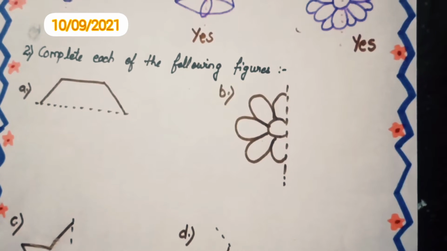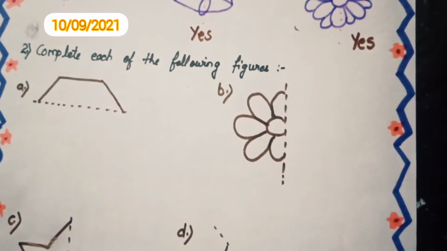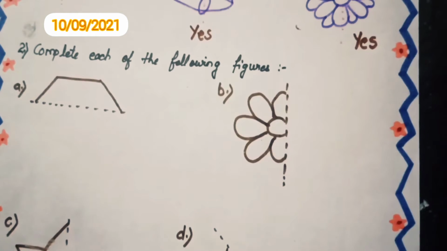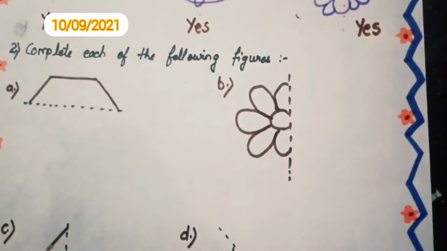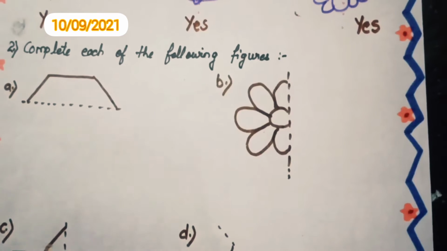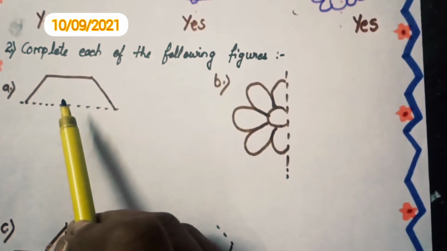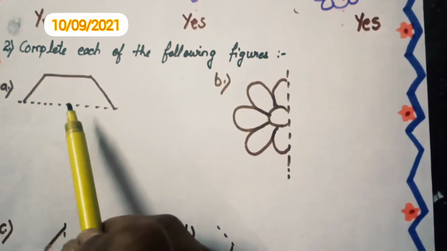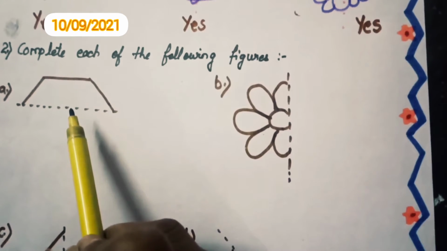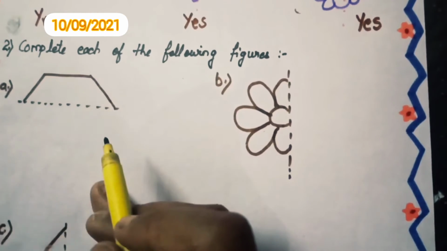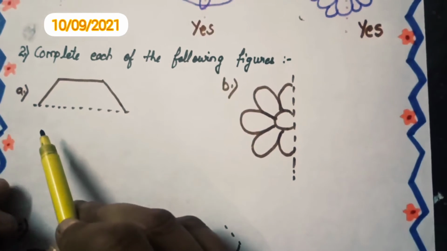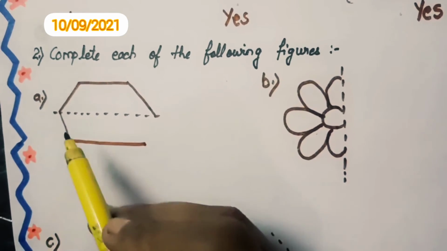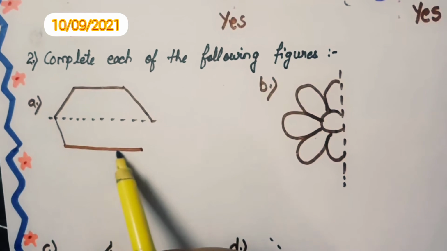It means the rest of the figure we will draw by ourselves. So we have to just draw the mirror image of whatever part has been given to us. So students, let us draw the mirror image.